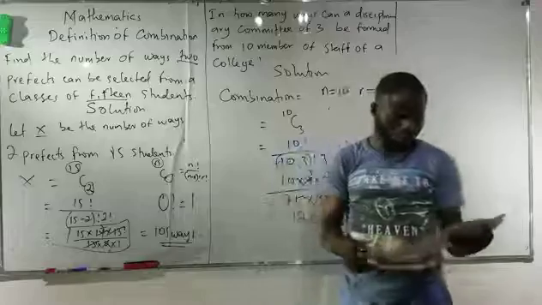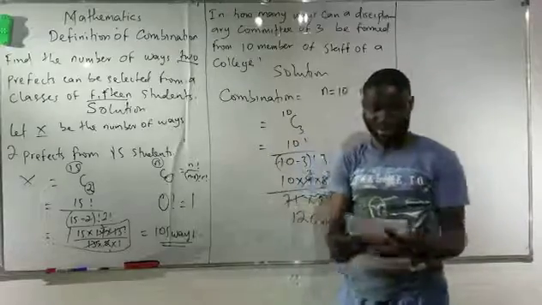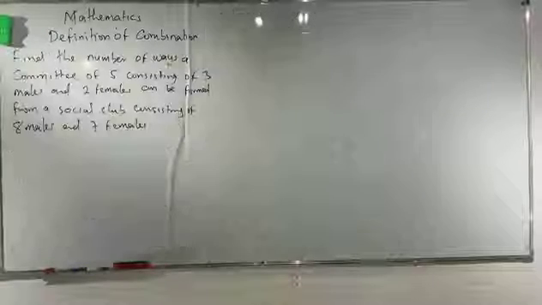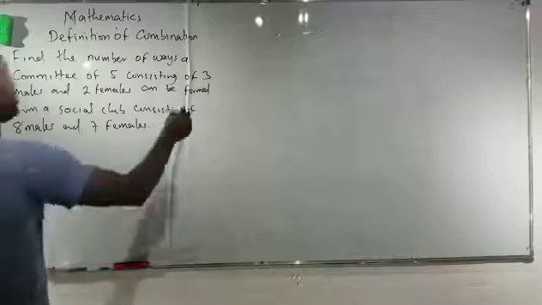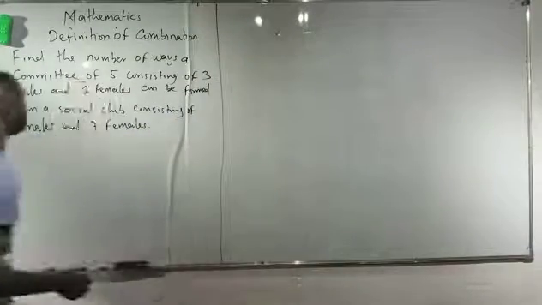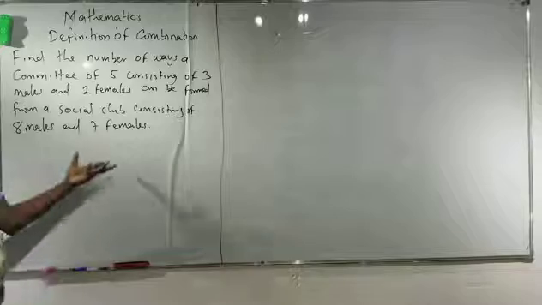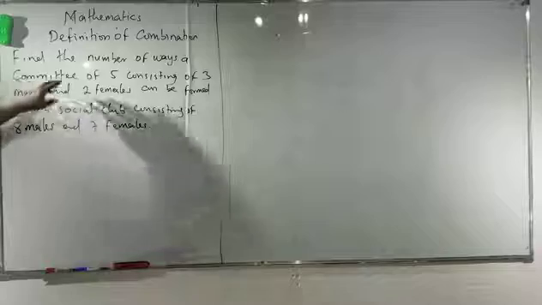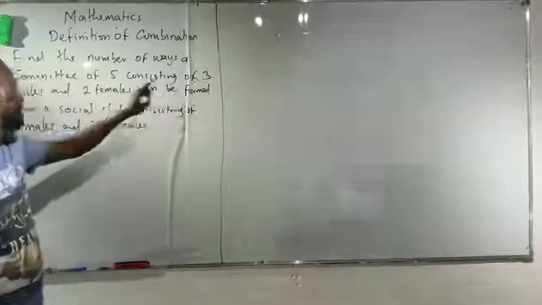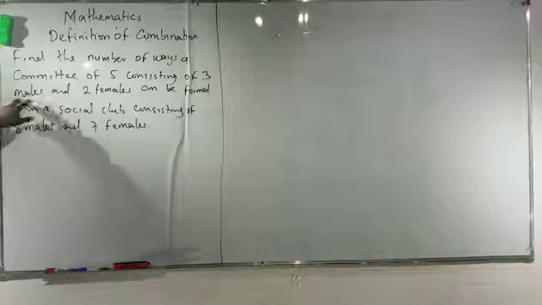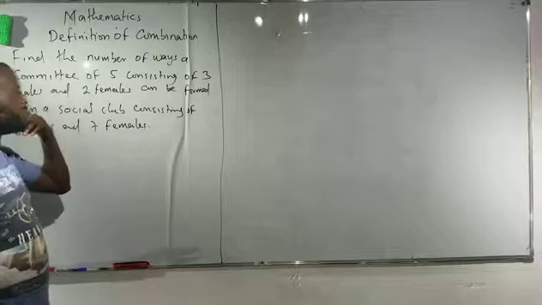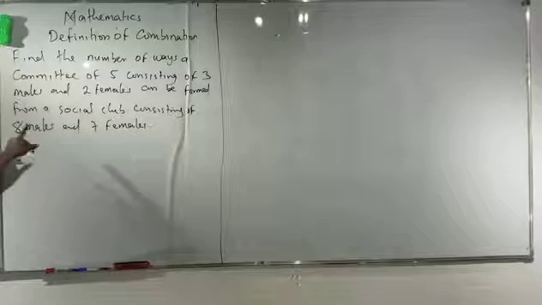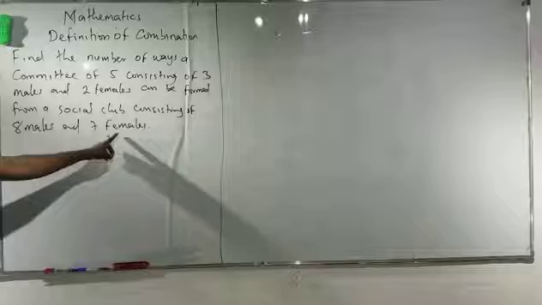Now, let me work on another word problem which is here. Permit me to write it down. Okay, look at this one. It's another form of this combination question, which you can see in this form: find the number of ways a committee of 5 consisting of 3 male and 2 female can be formed from a social club consisting of 8 male and 7 female.